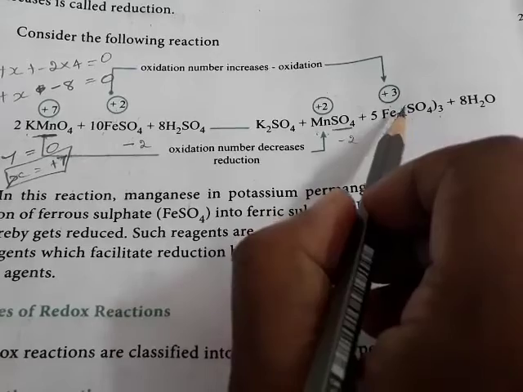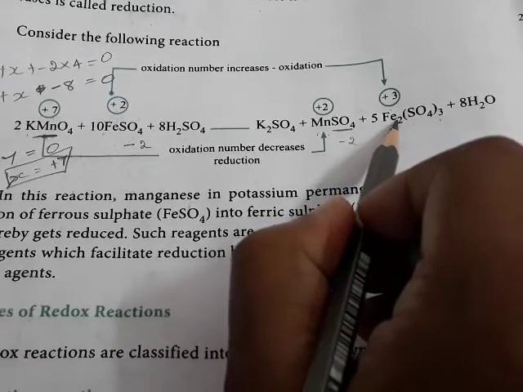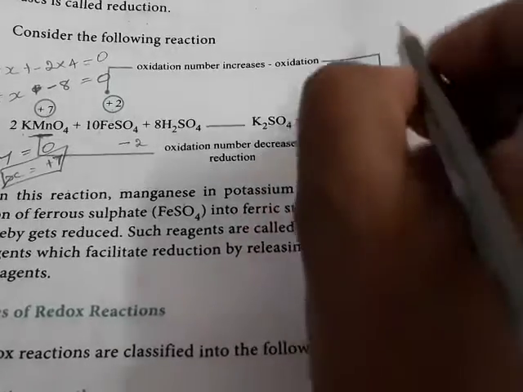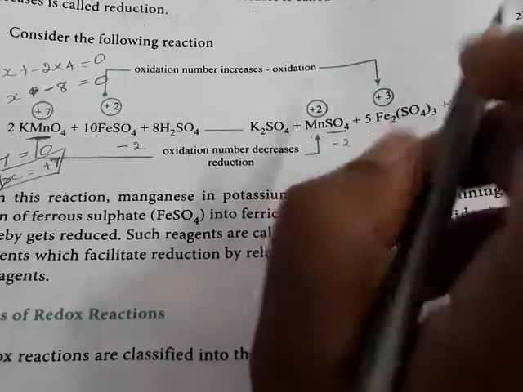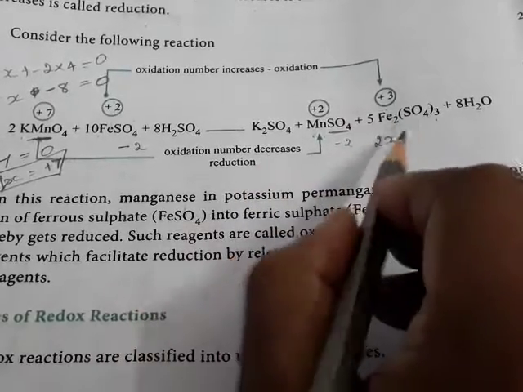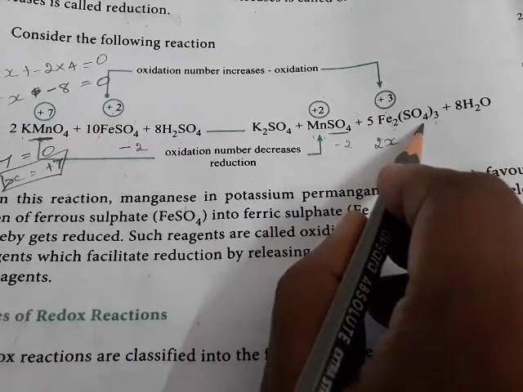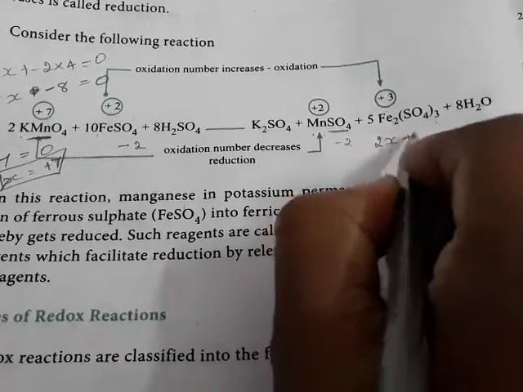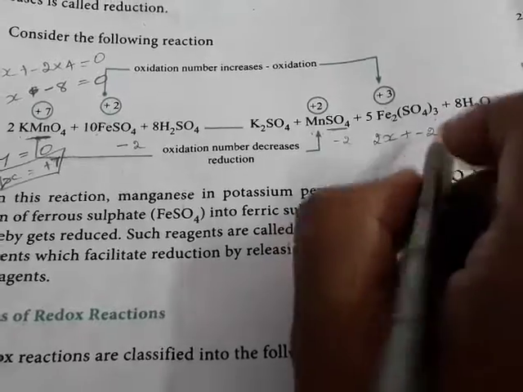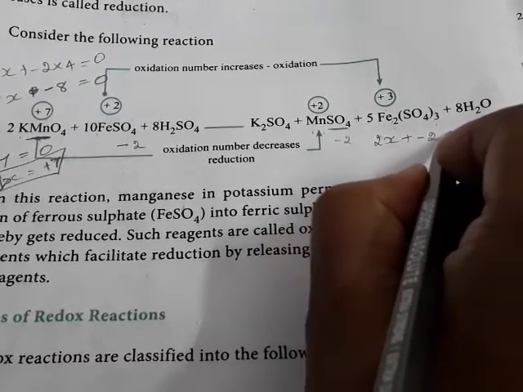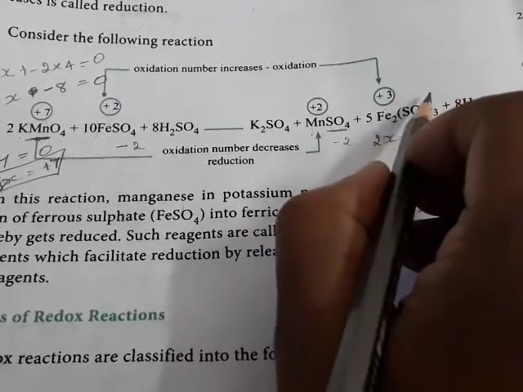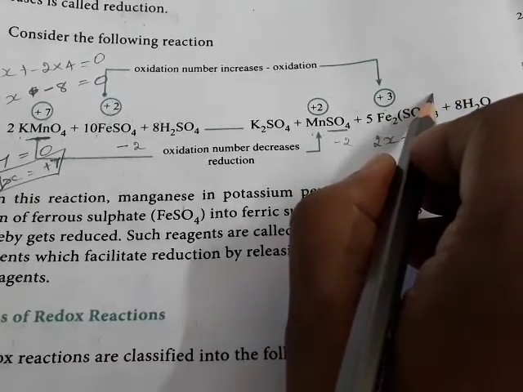Here you are going to calculate the Fe oxidation number in Fe2(SO4)3. How many Fe do you have? 2 Fe, so you write 2x. Already you know SO4 oxidation number is -2, and you have 3 SO4, so -2 into 3. The compound is neutral; you don't have any charges in this compound.